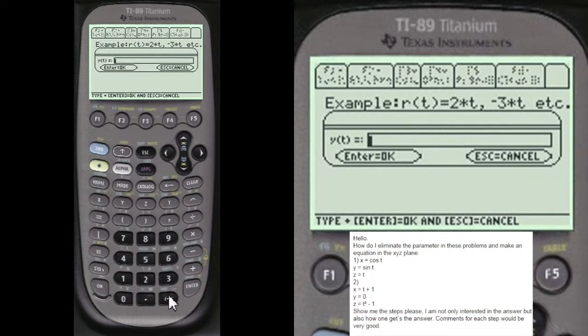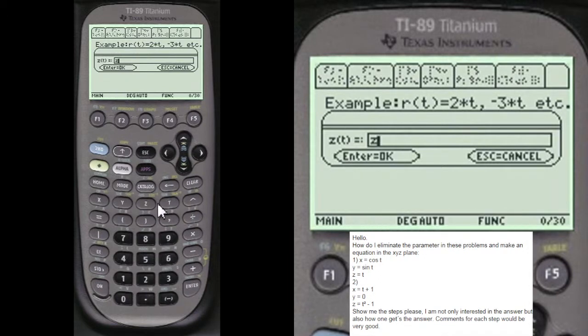Alpha minus 3 times t, and alpha z, t squared minus 1.